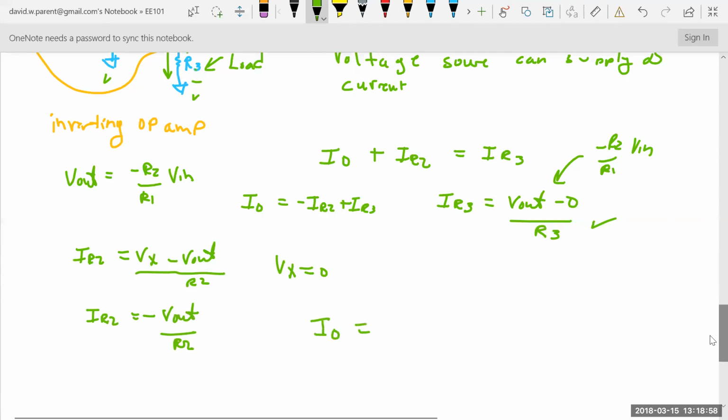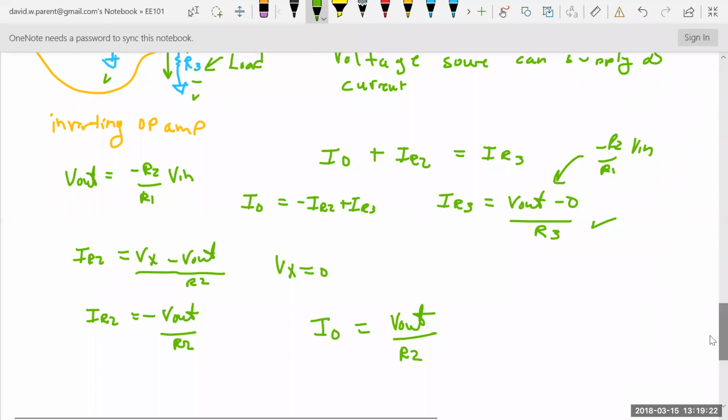I out equals minus V out over R2, and this is R2, so minus times a minus is just R2 over R1 times V in.